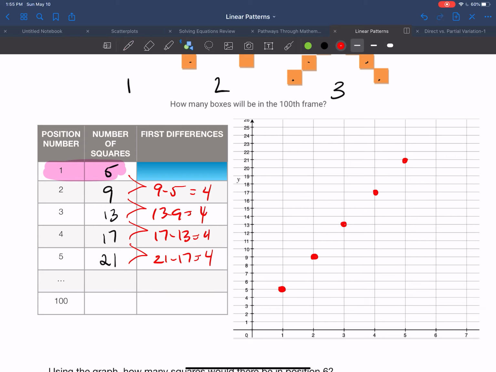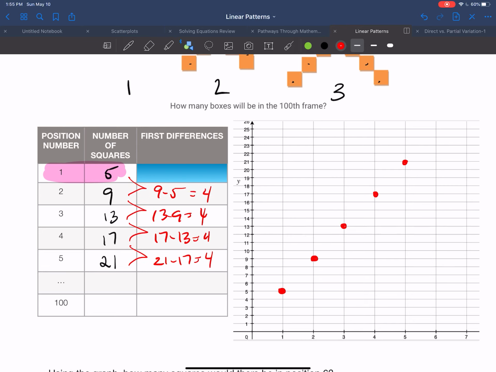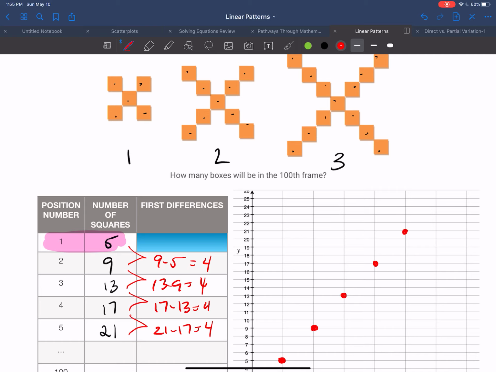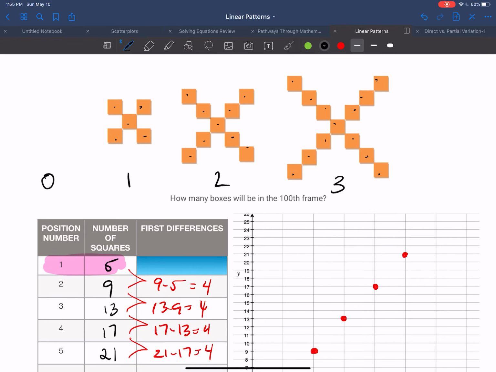Okay, and if I were to pretend there was a position 0, we don't have a position 0, let's just pretend we did. Going this way, I'm adding 4. Going backwards, I would subtract 4. So by subtracting 4, I'd end up with just the square that was in the middle.